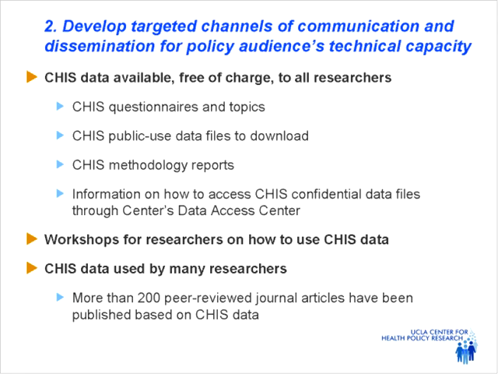But to keep the information confidential, the data itself can only be accessed by CHIS staff. So there is a protocol for you either requesting specific runs or for you actually writing SAS code if you want. Our staff does the runs and then provides you with the information.